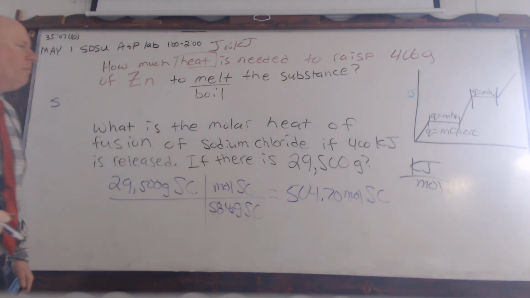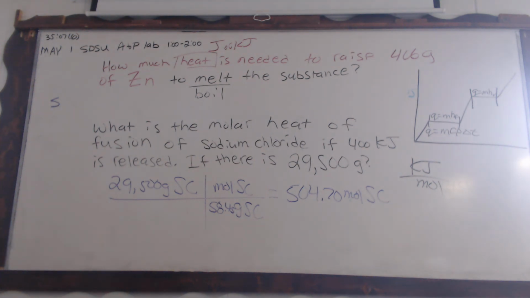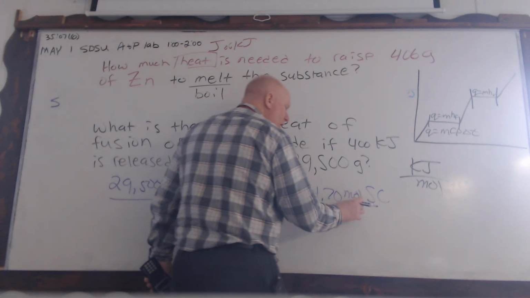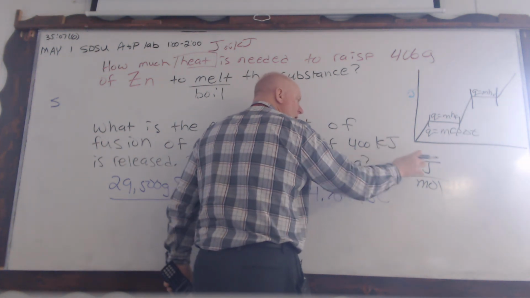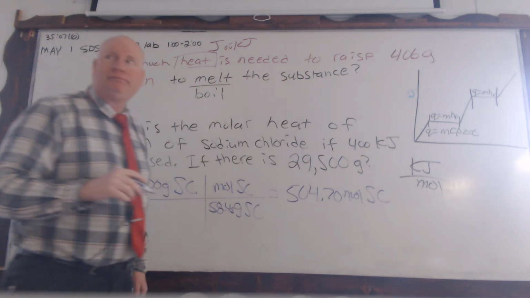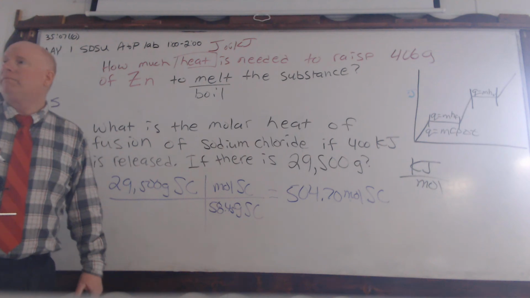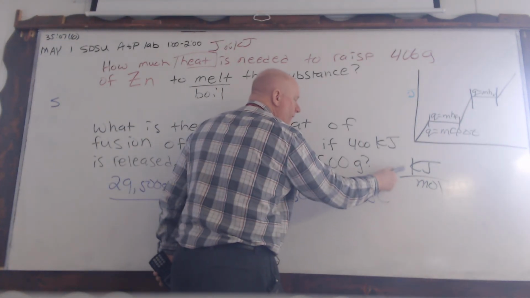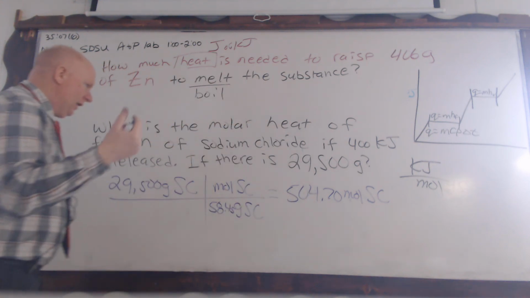Okay? But how much of that heat was released of this known substance? Why is that important? So how are we going to get moles in this to give us kilojoules per mole? What is this telling you to do here? Okay, exactly what you just said.